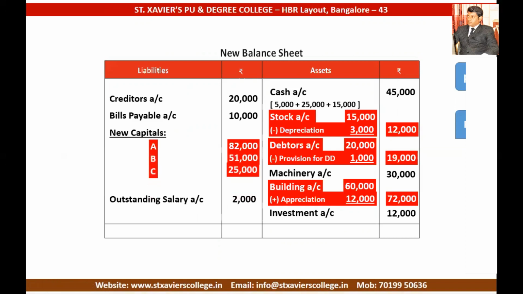Once you take the total of both sides, it must tally, then only it is said to be the balance sheet. Now check the total at the asset side, it comes to 1,90,000, and at the liability side also it comes to 1,90,000.